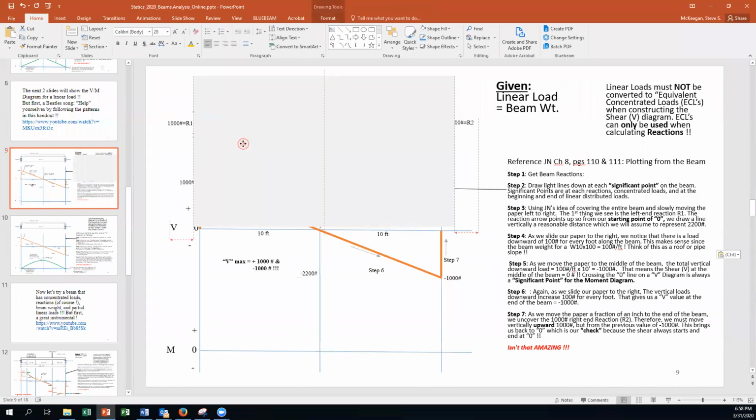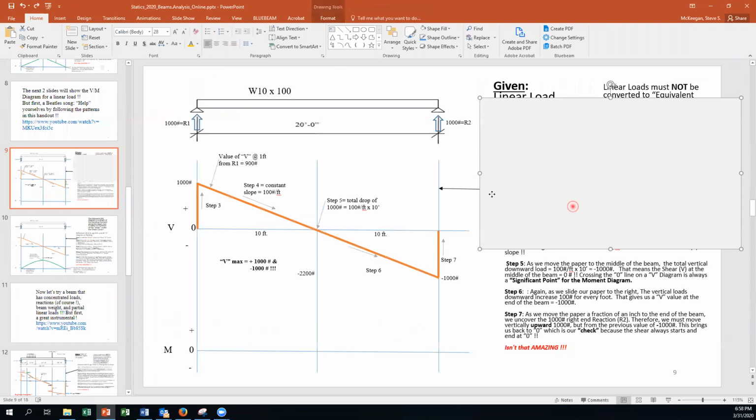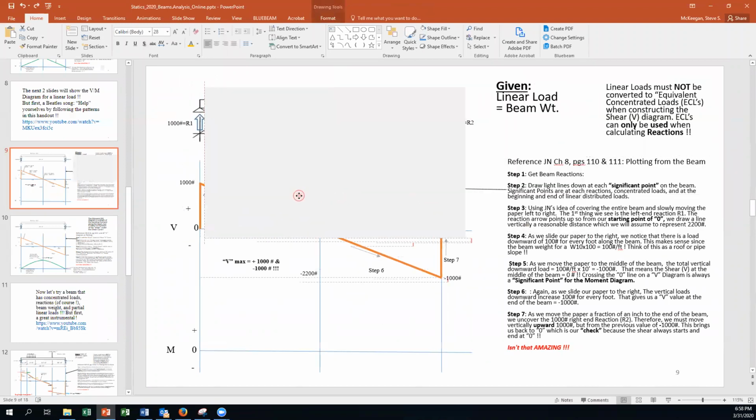The shear value starts at what? 0. Goes up the value of the reaction. And then with each foot, how much does it decrease? 100 pounds.